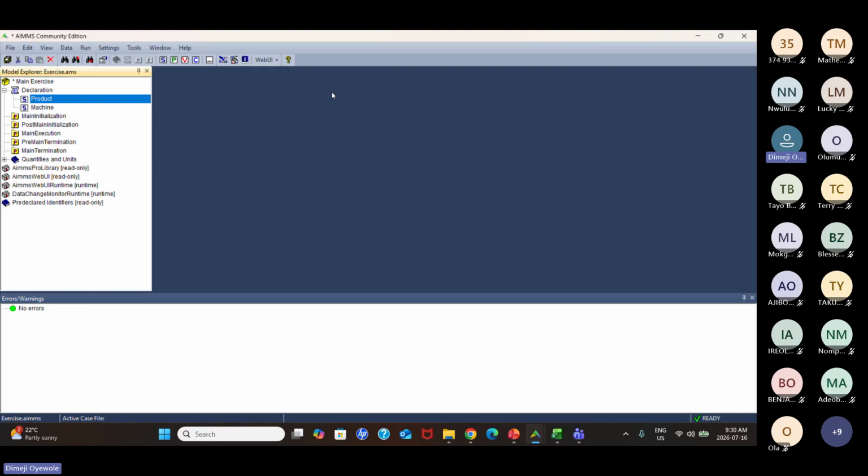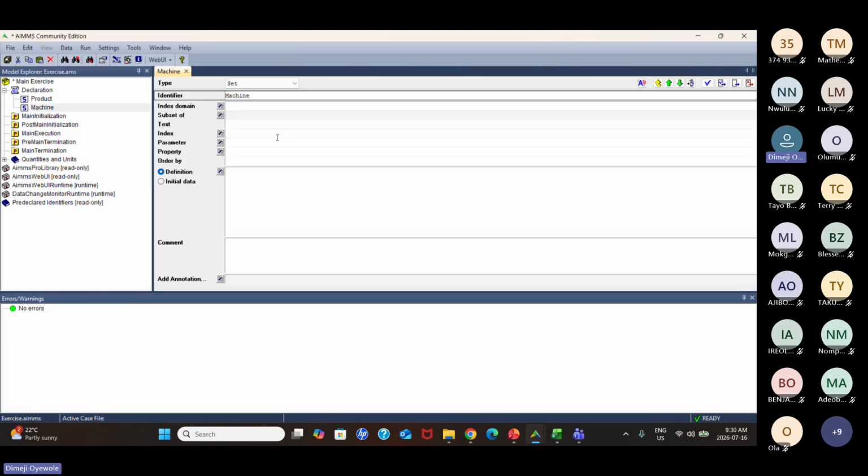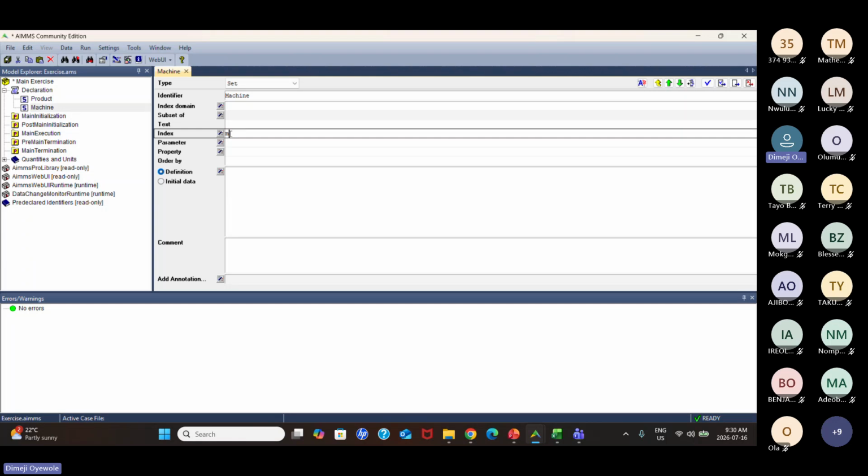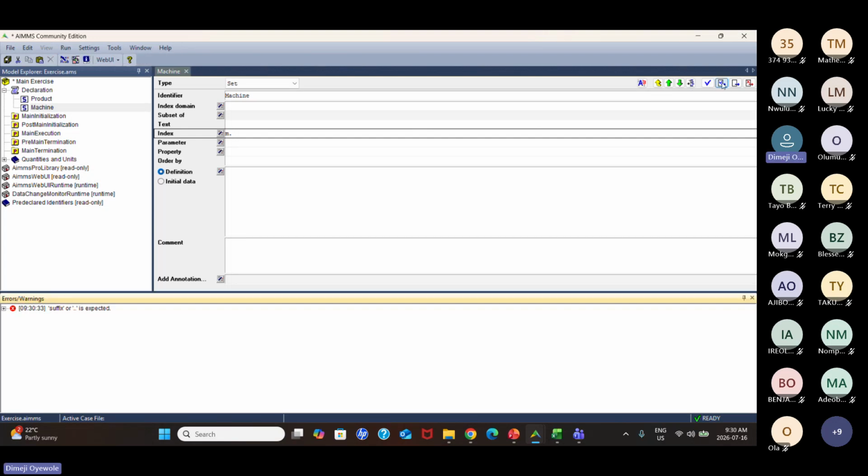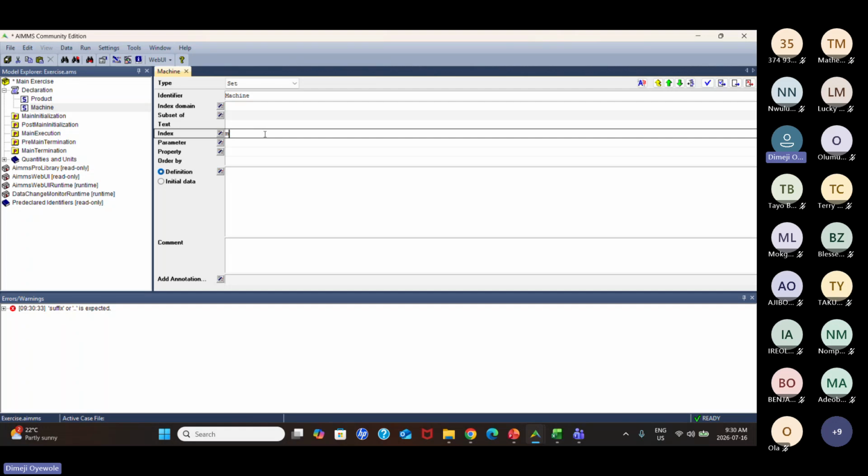Let's check. Yeah, it did. So you have our machine, and then you want to use hem as the index. The same way, let me just try and put a dot here, and I press check, commit, and close. It's not going to pass. So I have to correct it.